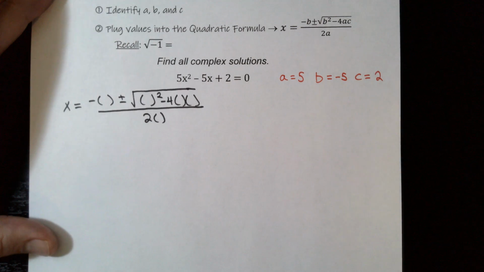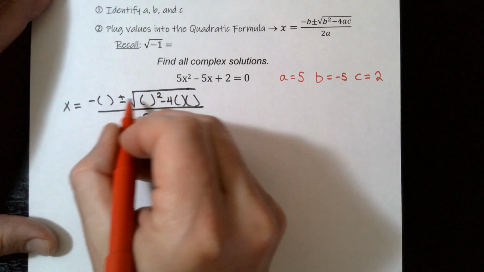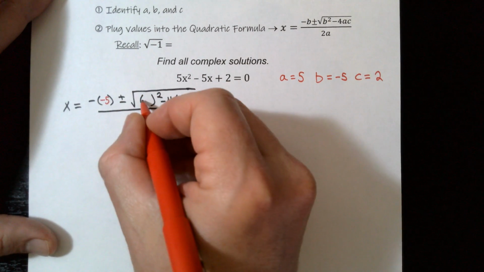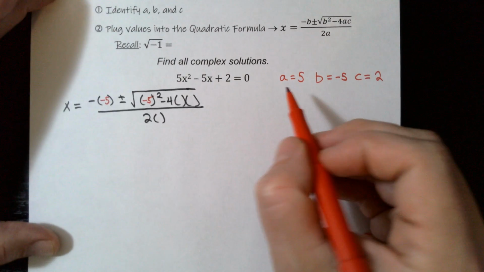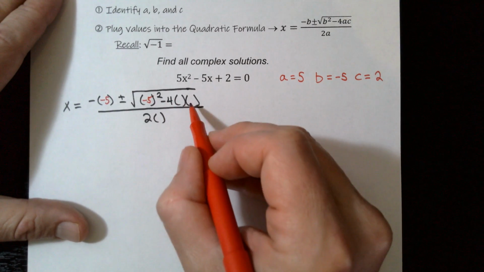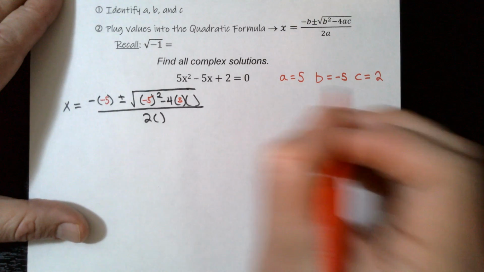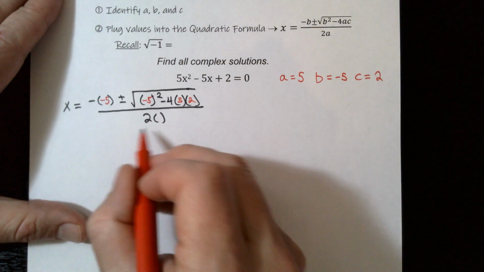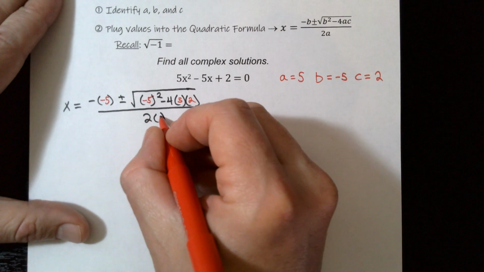Okay, so let's put those numbers in there. These are both b's, so -5 and -5. Okay, and then this is ac, so a is 5, c is 2, and then on bottom we have 2a, so we'll put a 5 there.